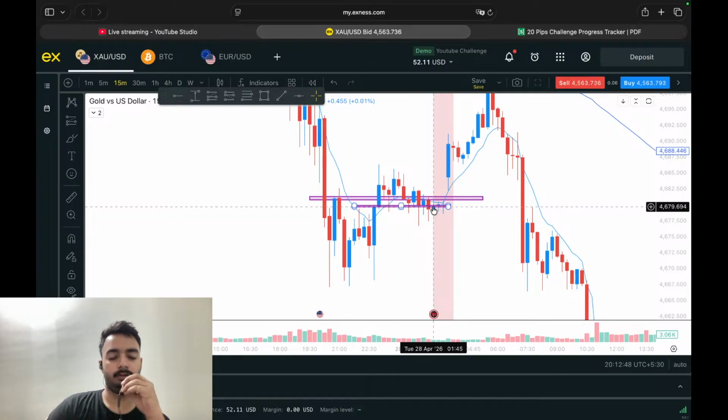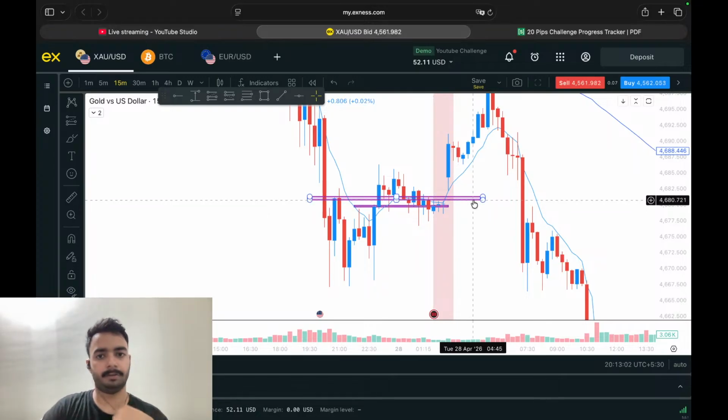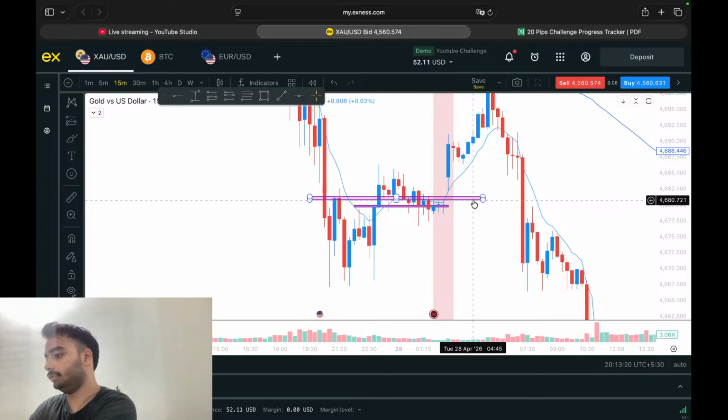We were trying to get a setup to sell, but the market was near the close of the 1 hour, so we didn't take it. The market first went up and then it followed with a lot of bearish movement, and the price fell down by a large amount.